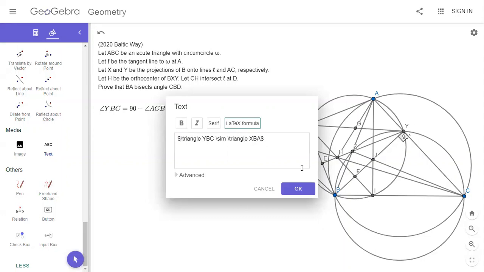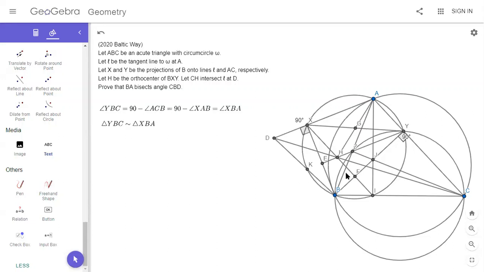All right. And then we could show AY over YC is DX over XA. So that shows that those whole triangles have to be similar, which solves the problem basically. I feel like it really is that simple.